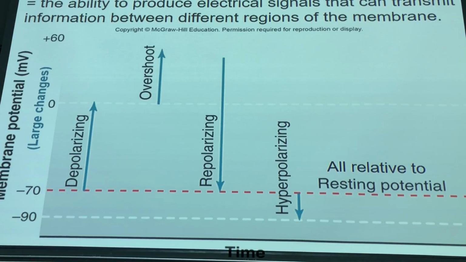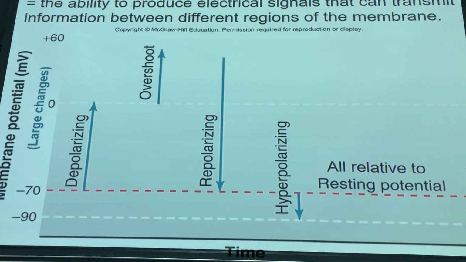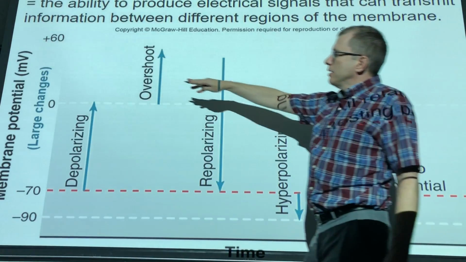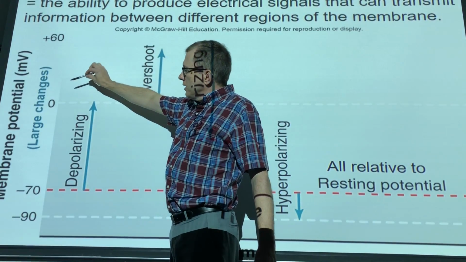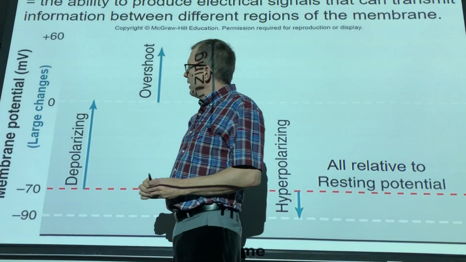But when we start looking at the terminology that we're going to use, okay, we have time on this axis, and then we have the membrane potential in millivolts, okay?